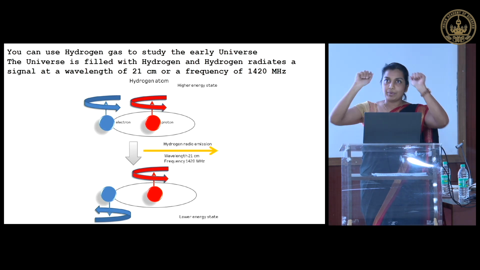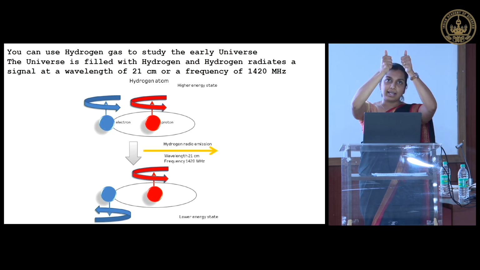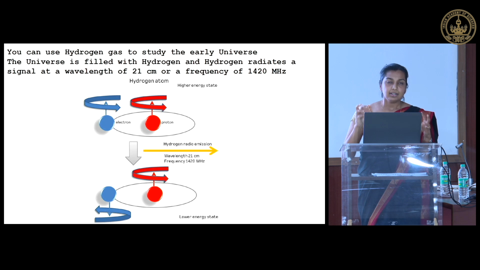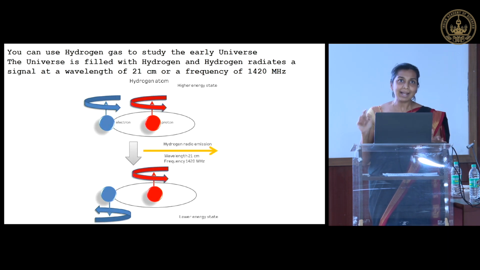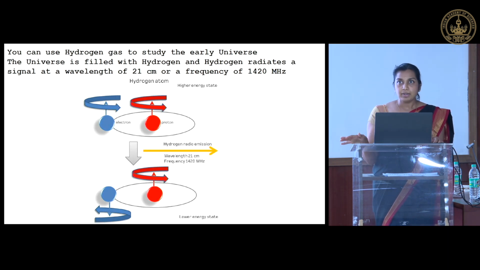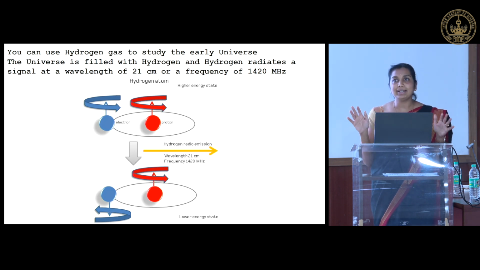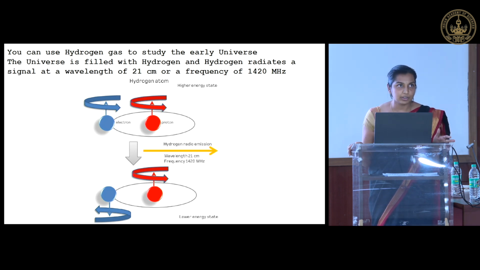This signal, so when I say signal, this aligned to anti-aligned process, because there's an energy difference in the state, it emits a photon. That photon at rest frame has a wavelength of 21 centimeter or a frequency of 1420 megahertz, 1.4 gigahertz. Okay.